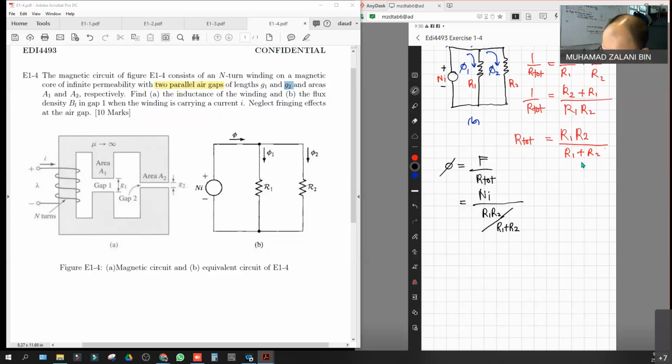For this equation, R1 is G1 divided by mu naught A1. For R2, G2 divided by mu naught A2.